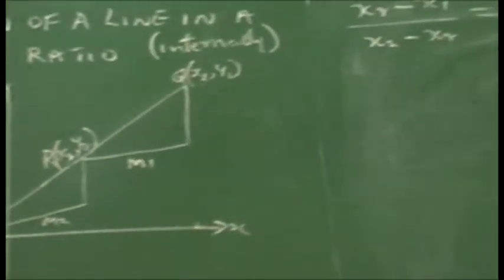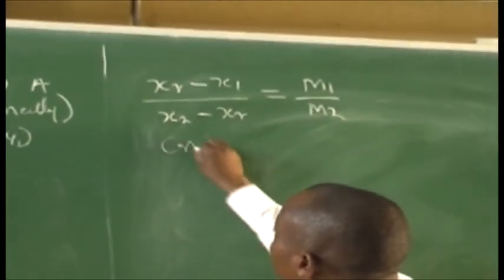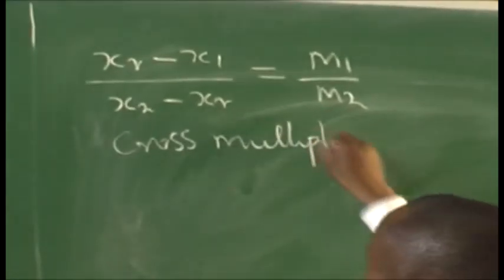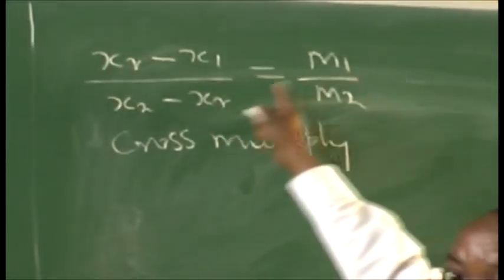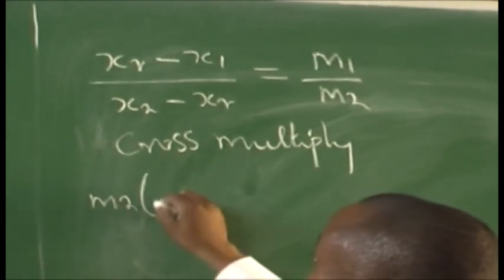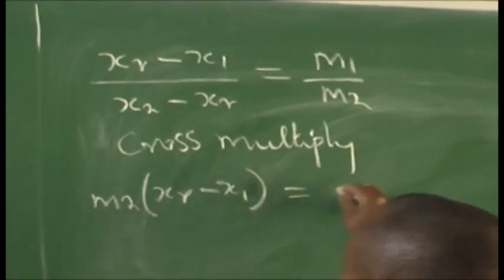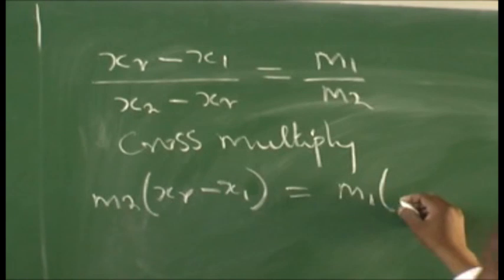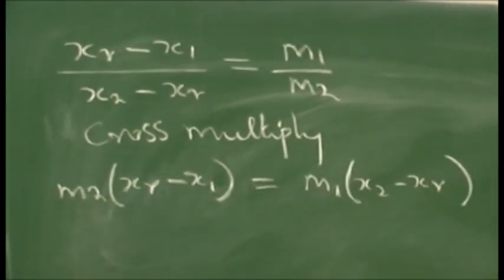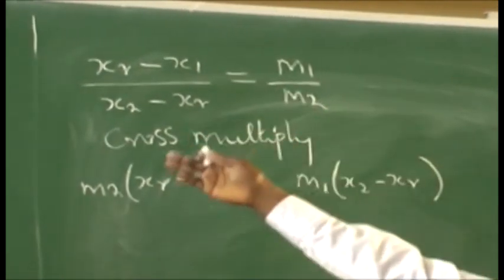Now, what it means is that if I cross multiply, I will have that M2 times SR minus S1 will be equal to M1 times S2 minus SR. This will times this and this will times this.